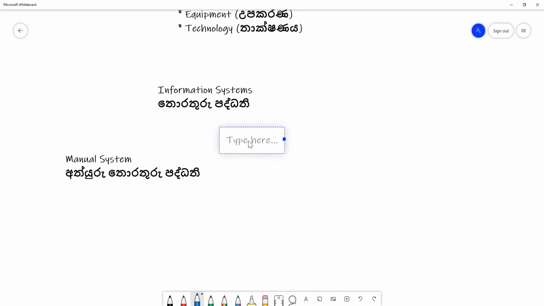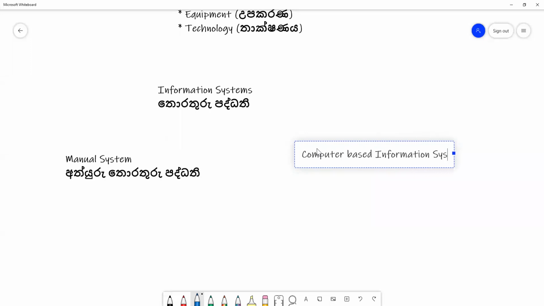Now we have computer system. Right? We call computer-based systems. Right?